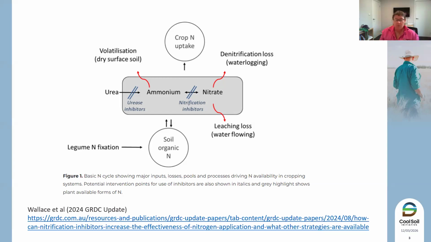So we build up that soil organic N pool, which is within the organic matter fraction, which can then also be moved through to ammonium and then through to nitrate for plant use. In terms of crop uptake, most of the nitrogen that the crop takes up is through nitrate, but we know that there is some uptake of ammonium as well. So really just to make sure that we're all on the same page.